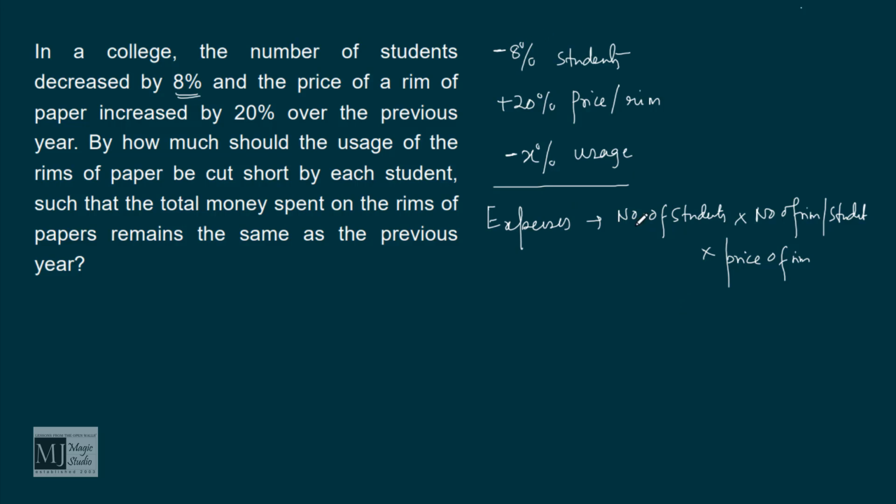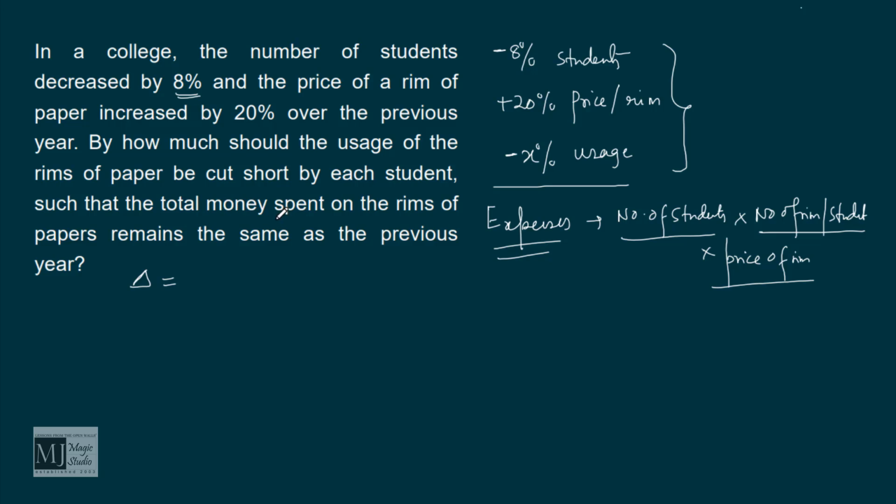So this is multiplicative effect. Expenses is multiplicative effect of these three. And as we have seen in the previous question, multiplicative effect on all three should give us the net change.